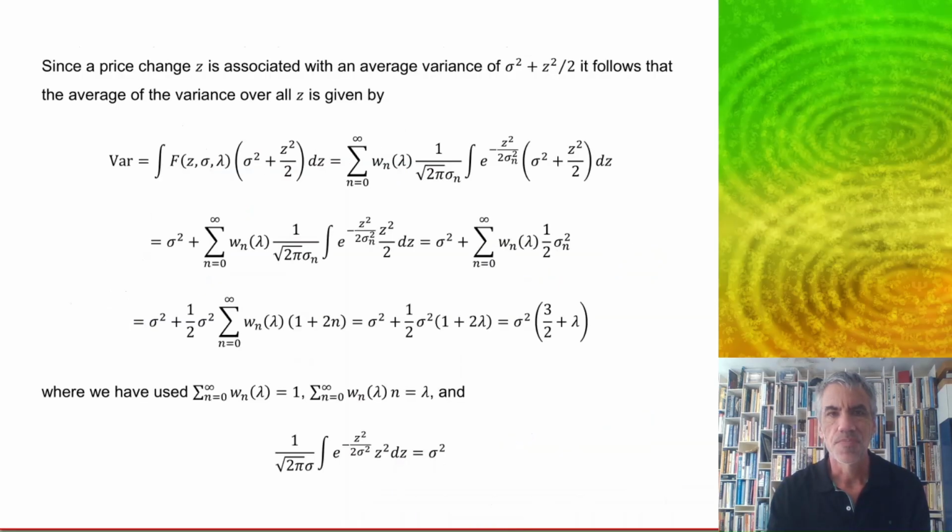So where is this lambda 0.5 number coming from? Well, there's a number of different ways to demonstrate this. One is to look at the individual transactions which occur over the period and look at the contributions from each of those and see how the price change distribution builds up.